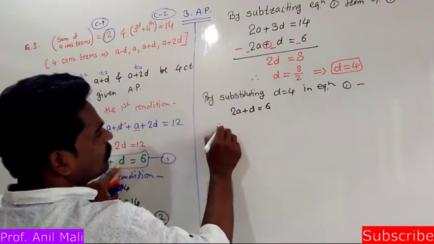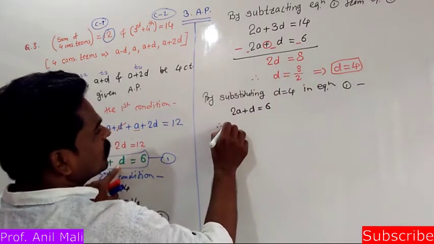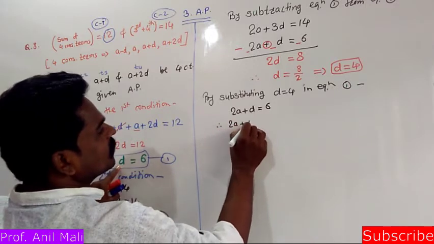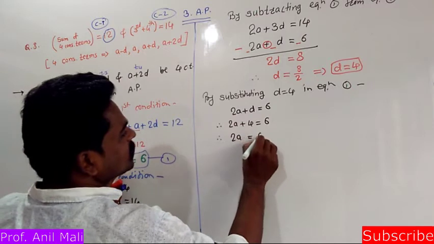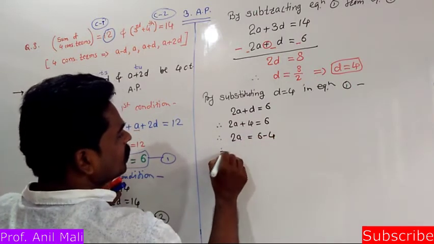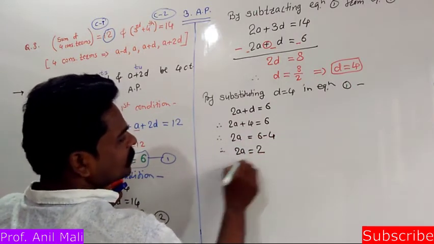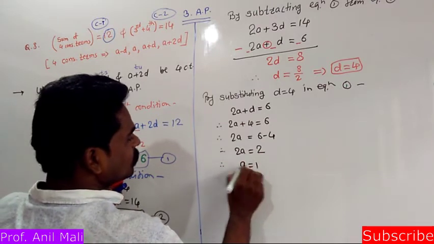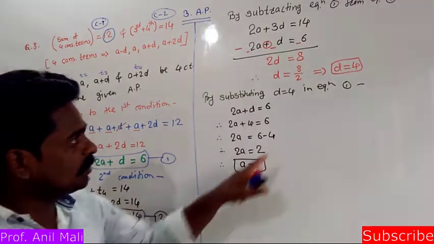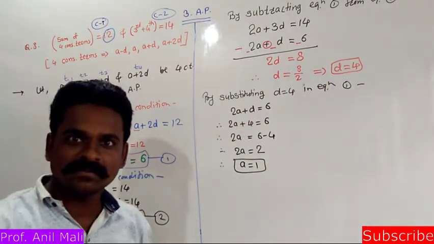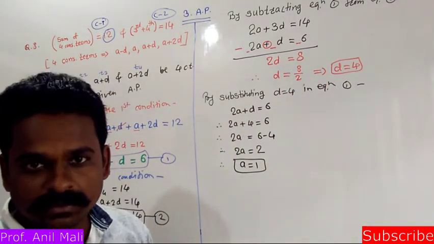Therefore, use D is equal to 4: 2A plus 4 is equal to 6. Therefore 2A is equal to 6 minus 4. Therefore 2A is equal to 2 and therefore A is equal to 1. Okay, no problem. So A is equal to 1 and D is equal to 4. These are the required terms.